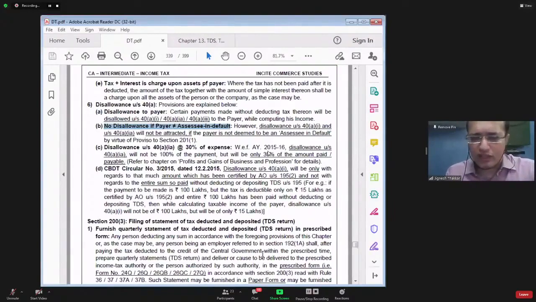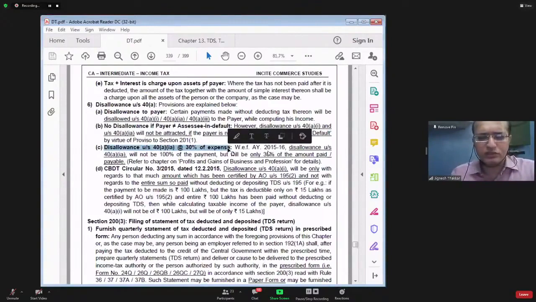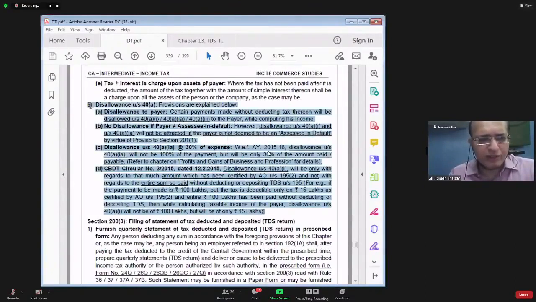If these three jobs are done by the payee, then the payer will not be considered as assessee in default, and disallowance will not apply. Basically, disallowance will apply, but the expenditure will be allowed as deduction in the year in which the payee has filed his return. Disallowance under section 40A subclause 1A will be 30% of the expense. So all these points I've already explained to you. Point number 6 is already over.